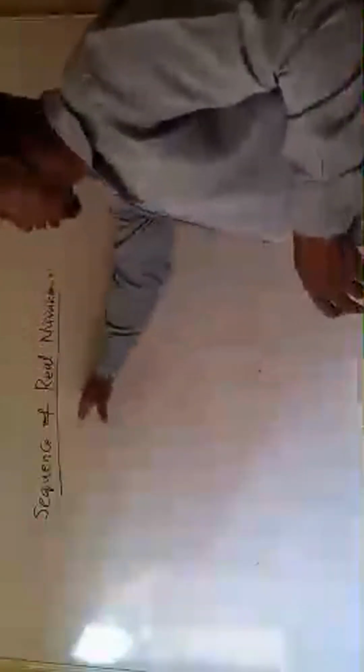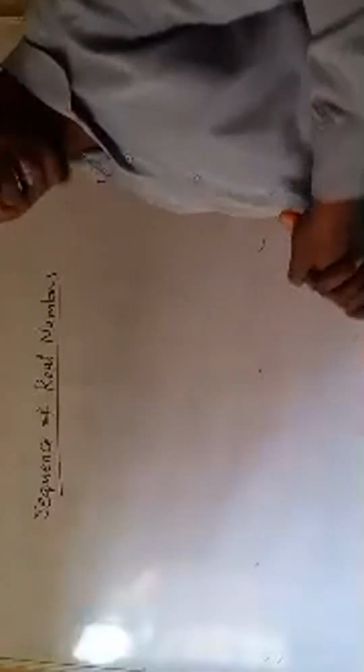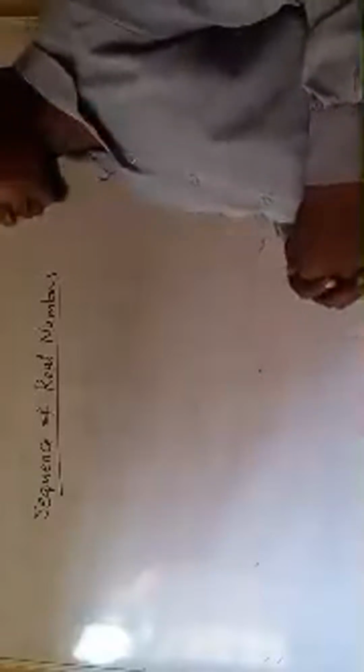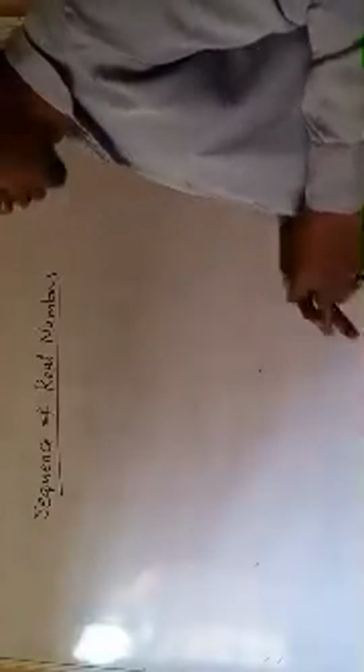All right, thank you. So, sequence of real numbers. This is the second aspect of this course, and it is all about real numbers, like we have said. But the concept we are trying to look at today is sequence on real numbers.